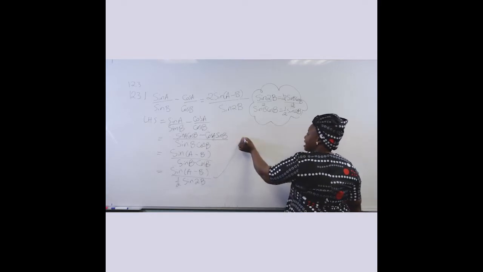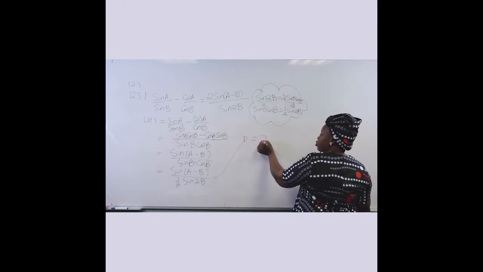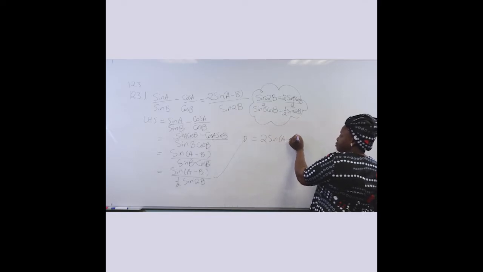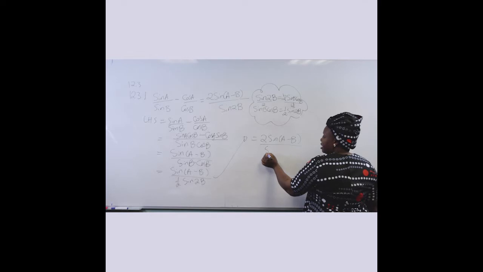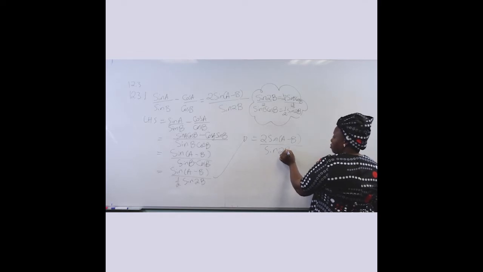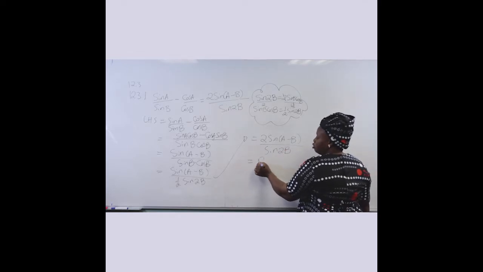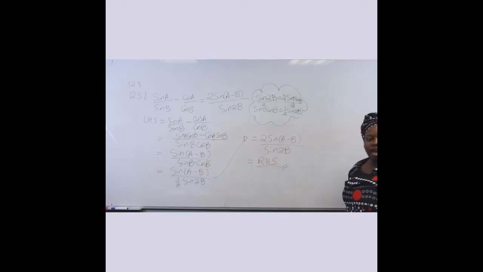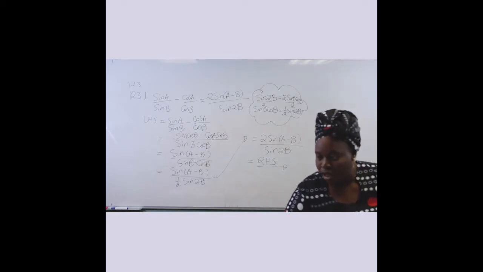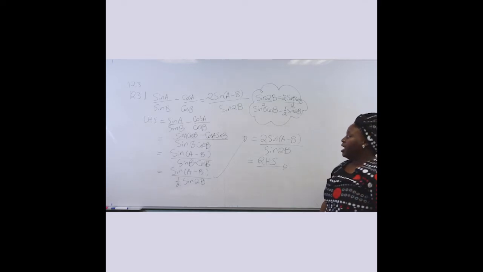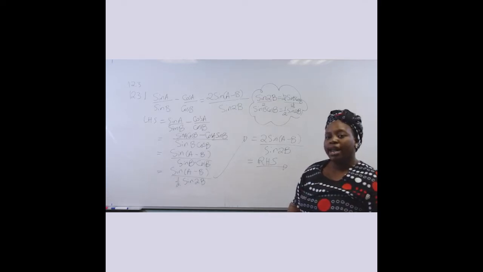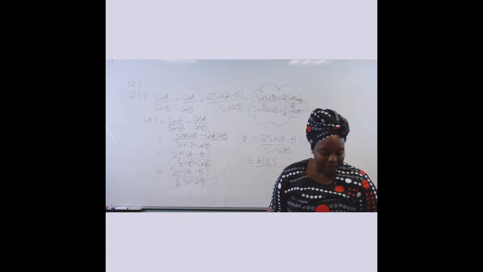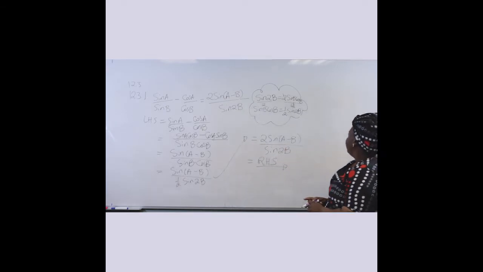So if that's the case, then it means that we'll have 2 sine A minus B divided by sine 2B. Voila, that is equal to our right hand side. And you are done answering your question. As simple as that. What you need to do is to focus on what you know and how can you relate it with what is given to you. And that's how we prove the left-hand side and the right-hand side.